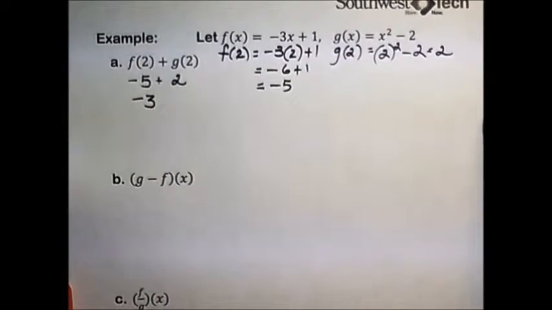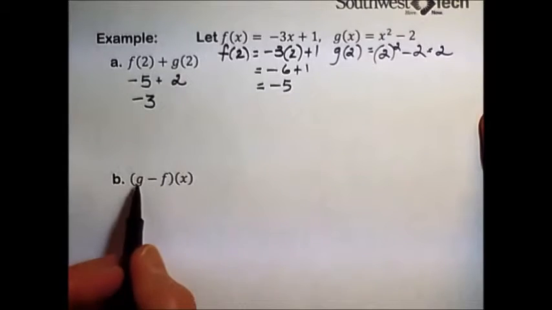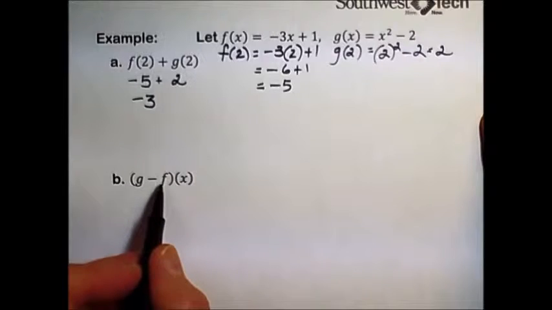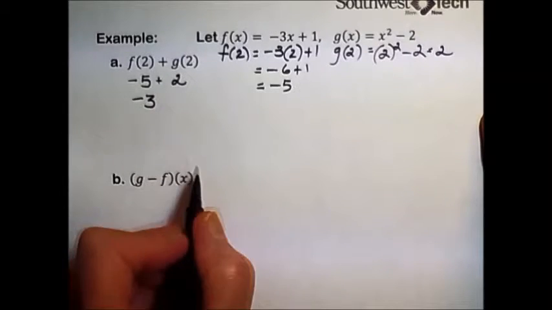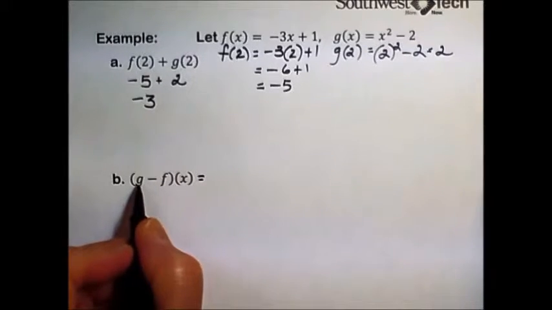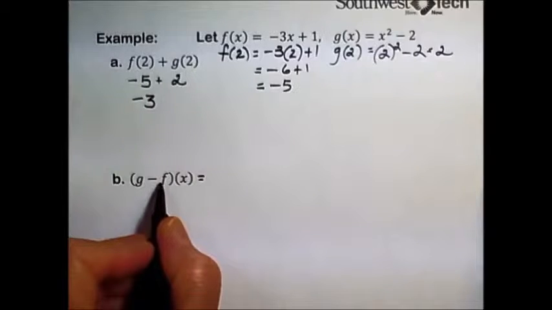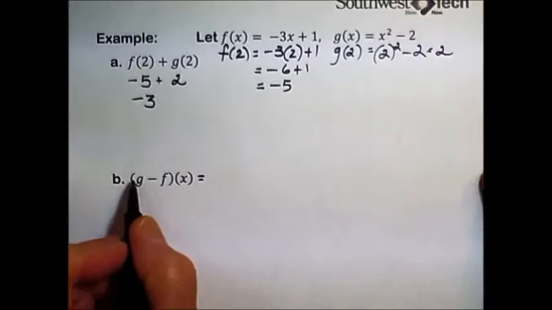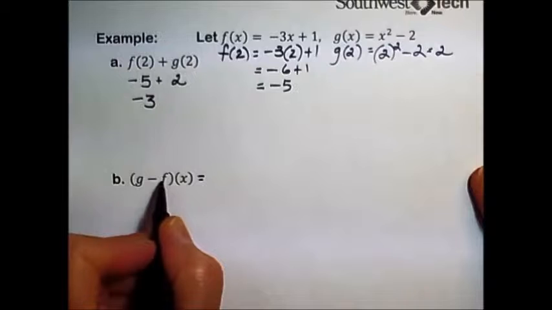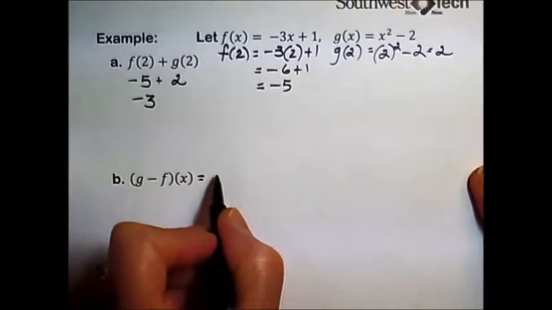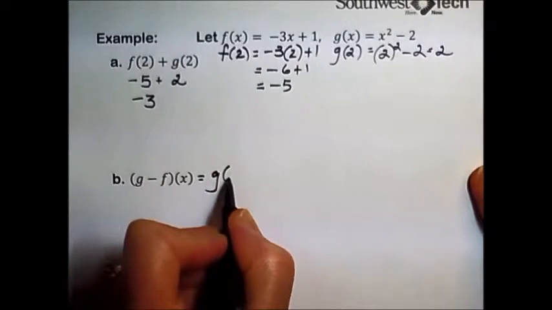The next problem is asking us to express the rule for the difference of these functions. In subtraction, order is important, and they're asking us what this looks like in this combined operation of subtraction. So where did it come from?